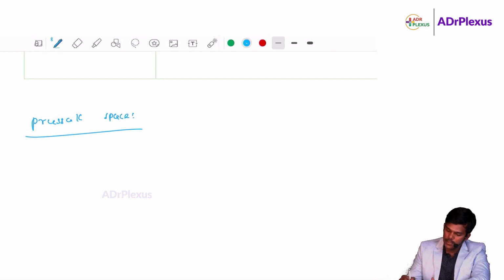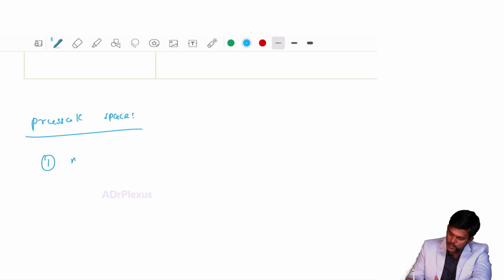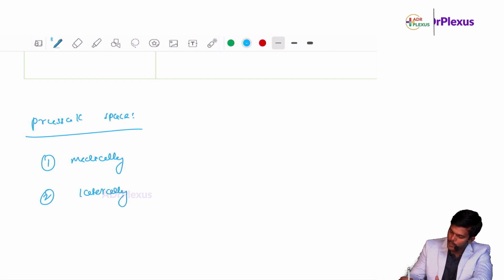So Prussak's space, the first one is medially and laterally. What do you know?